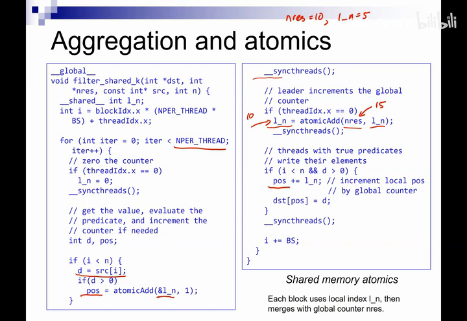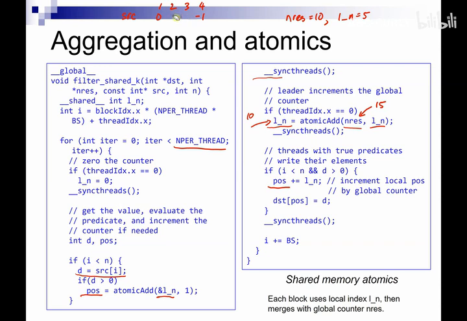As an example of this, suppose you have 4 threads in the thread block: 1, 2, 3, 4. Suppose the values they have, so this is the source array, are something like 0, 2, 3, and then -1.